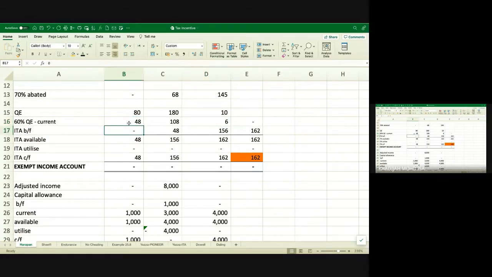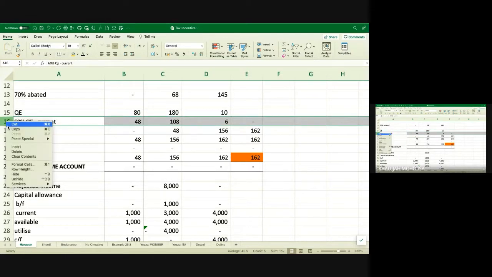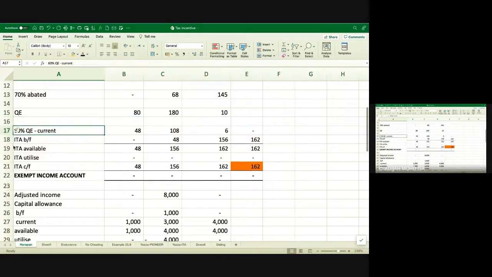You don't have anything. Available is 48. Remember you want to put a space here so that you don't get confused, because your available is based on your current plus your brought forward. And then your 70% abated is 0. So that's why you don't utilize anything.